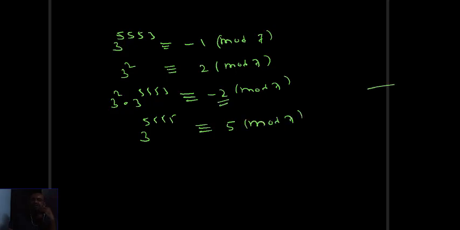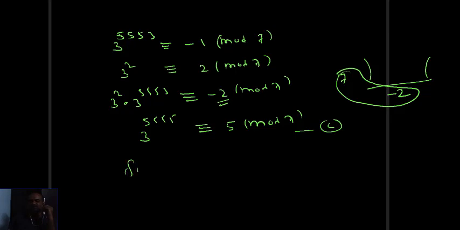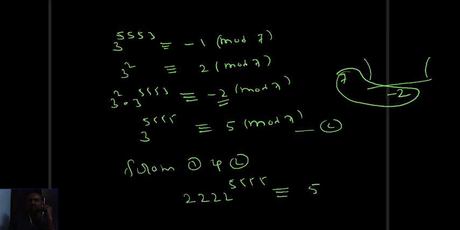Minus 2 is never a remainder. If a number divided by 7 leaves minus 2 remainder, the actual remainder is the sum of these two, that is 5. So from 1 and 2, 2 power 5 is congruent to 5 modulo 7. This is equation a.